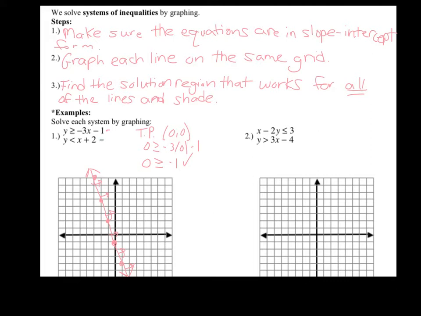Now I'm going to graph the second line. I'm going to graph this one in blue. The y-intercept is 2. Since it just says x, its coefficient is a 1, which means up 1 over 1 in the positive direction. Because it doesn't have an equal to line, I will use a dashed line.